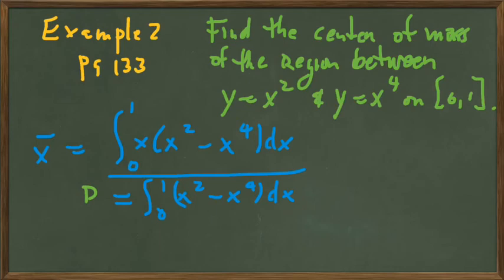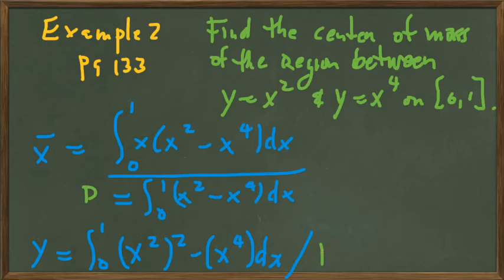Then we can write y bar a little bit more simply as the integral from 0 to 1 of, remember, f of x squared minus g of x squared dx, divided by our denominator D. So these are actually pretty easy integrals to do, so these problems generally are not too difficult, at least when we're working with polynomial functions, they're pretty easy to resolve.